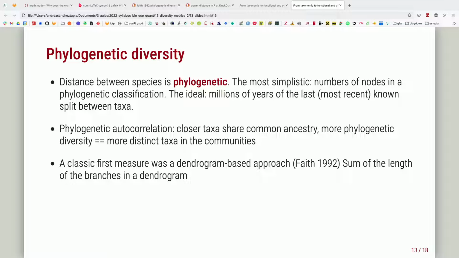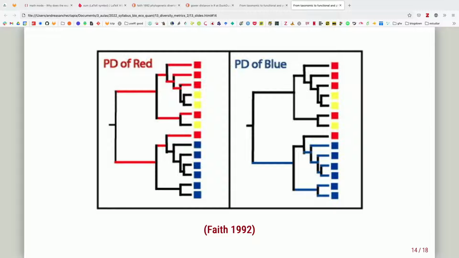A first classic measure of phylogenetic diversity was a dendrogram-based approach. It just took the length of the branches and summed them. It was the sum of the length of the branches in a dendrogram.